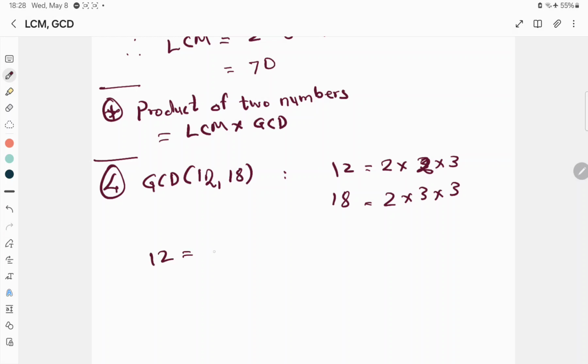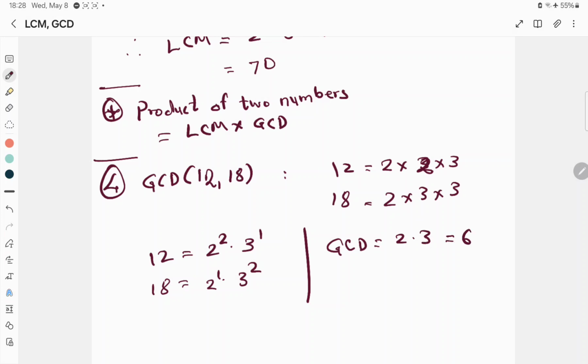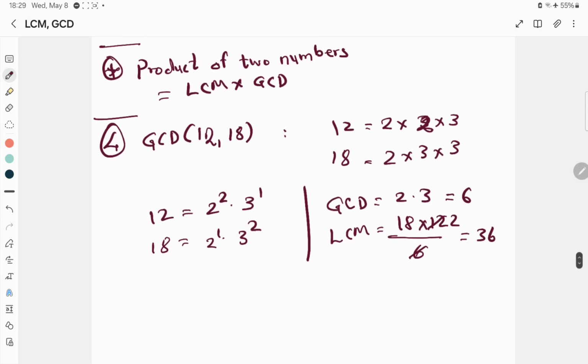So 12 is equal to 2 squared times 3 to the power 1. 18 is equal to 2 to the power 1 times 3 squared. So the GCD, as you already know, is going to be 2 times 3, which is 6. The LCM, now let's use our theorem, is going to be 18 times 12 divided by 6, which is 36.